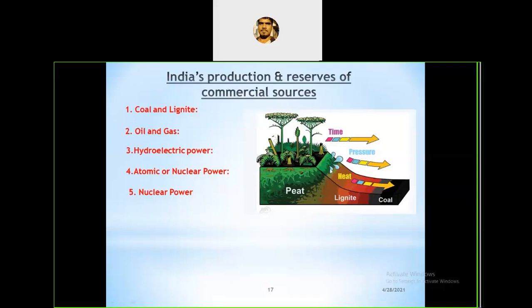Since the advent of industrialization, coal has been the most common source of energy. Coal is used for industrial purposes and transportation. Earlier, in the steam engine train, they used coal to drive the train, and every industry used coal for the generation of energy.